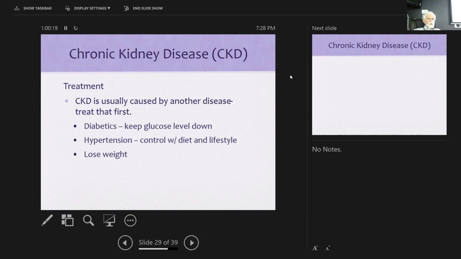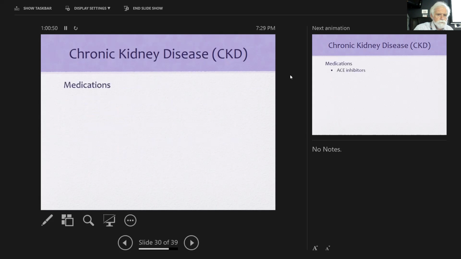The hypertension puts pressure within the kidneys on the glomerula because, remember from the anatomy talk, we have arteries that feed into the glomerula and they have pressure. And that pressure can actually cause those arteries to change in their elasticity and cause problems with the glomerula. And then weight is often a factor as well.